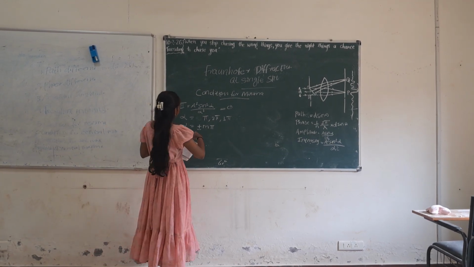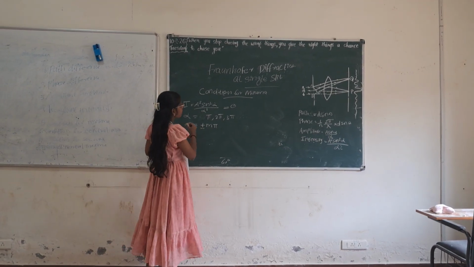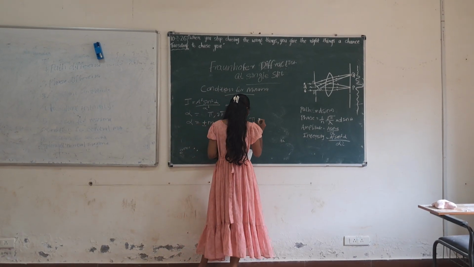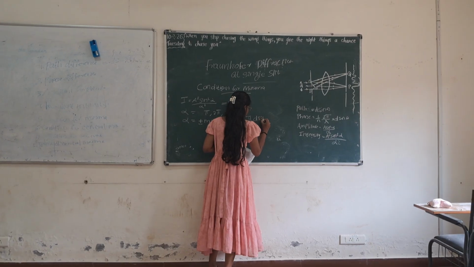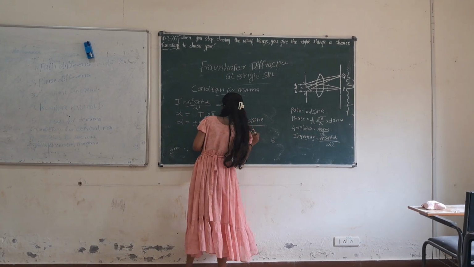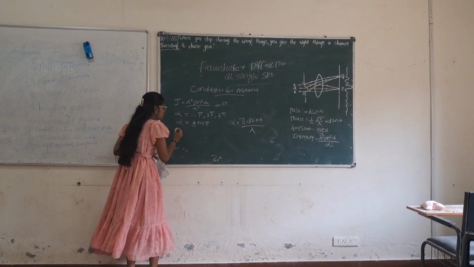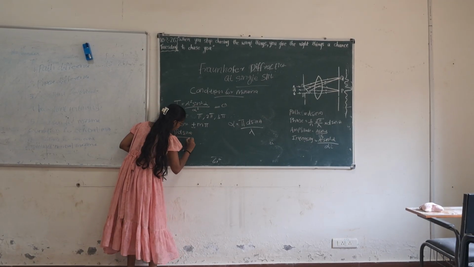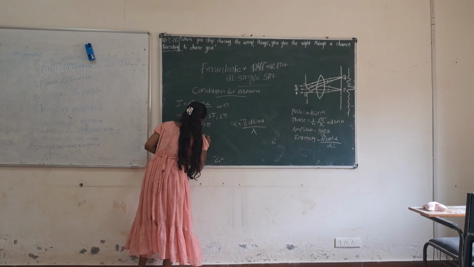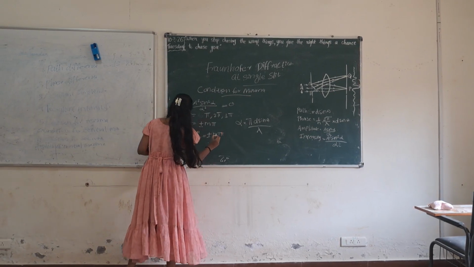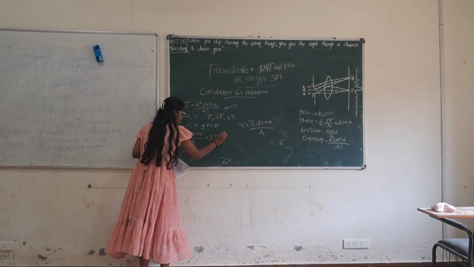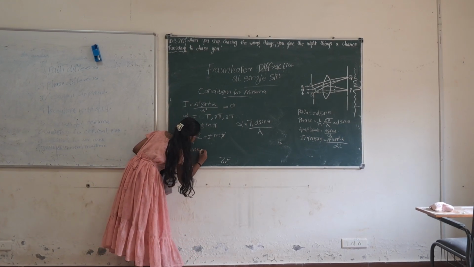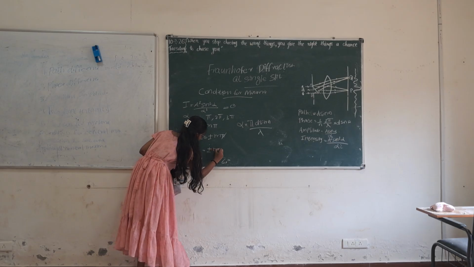Now we can substitute alpha is equal to pi d sin theta by lambda. So pi d sin theta by lambda is equal to plus or minus n pi, and cancelling the pi, d sin theta is equal to plus or minus n lambda.